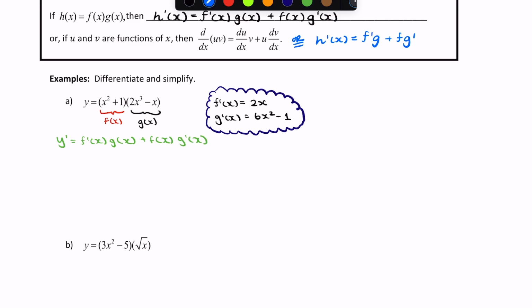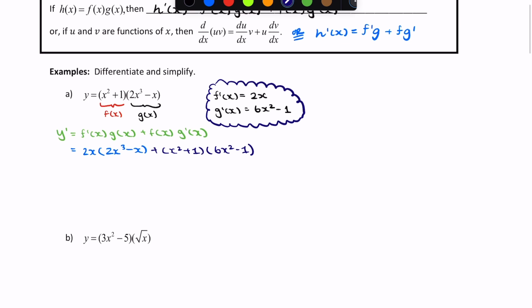Okay, so we sub in what we have. So here we have f prime of x we saw was 2x. G of x is 2x cubed minus x, plus f of x, which is x squared plus 1, and g prime of x, which is 6x squared minus 1.